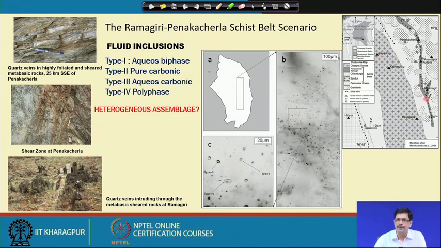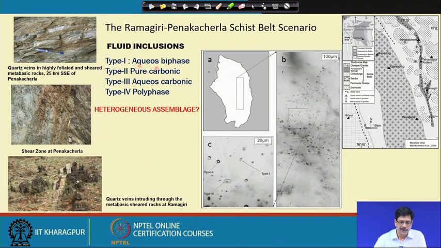So, we have a scope of sampling the quartz and studying inclusions in the veins within the metasedimentary rocks like here in the Ramagiri Pennakucherla schist belt, as well as the matrix quartz in the granite and the quartz veins and pegmatitic material in the granite, so that we could possibly establish a relationship, if at all one exists, between them.